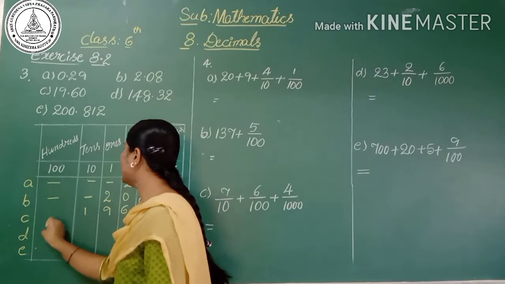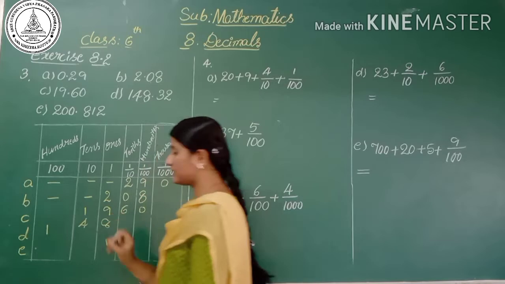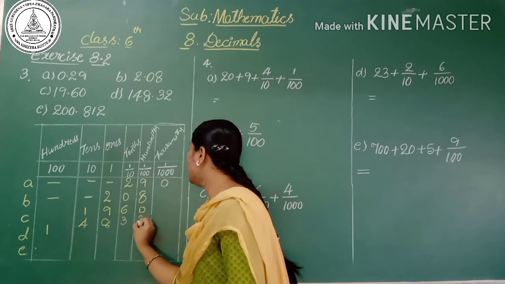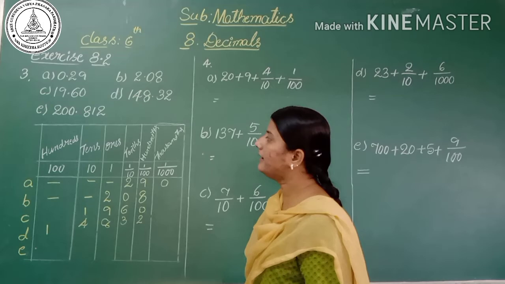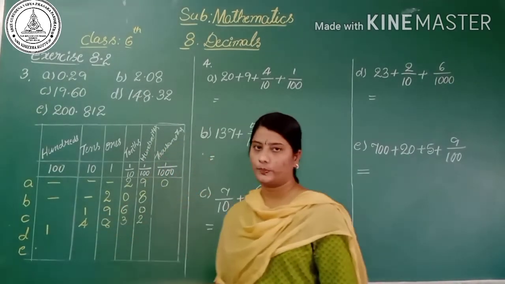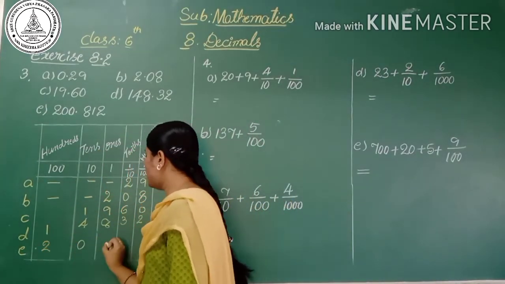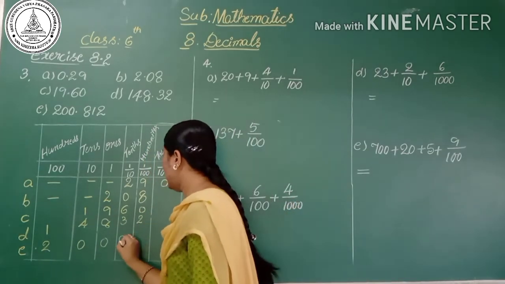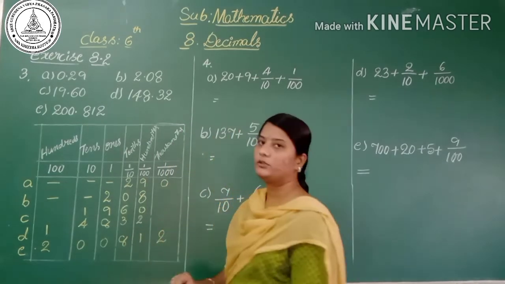Here 1 is in the hundreds place, 4 is in the tens place, and 8 is in the ones place, and 3 is in the tenths, and 2 is in the hundredths place. Then E: 200.812. So 2 is in the hundreds place, tens place 0, ones place 0, in the tenths place 8, hundredths place 1, thousandths place 2.